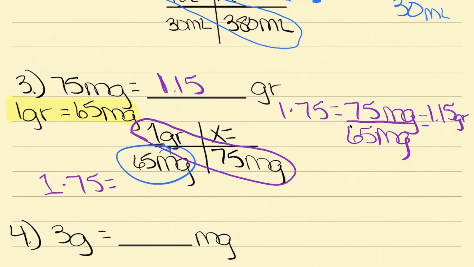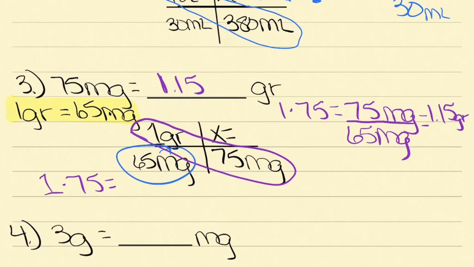1.15 grains. So then you have to look at it and see. This is where I say make sure the answer makes sense. Okay, let's look at this. 1 grain equals 65 milligrams. So I have 75 milligrams, which is just 10 more than 65.